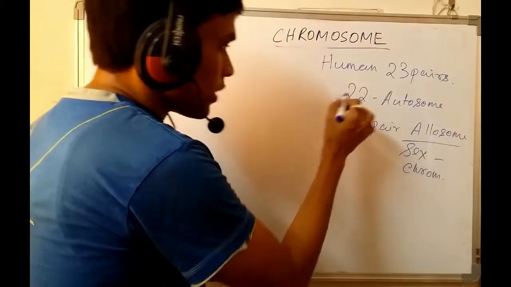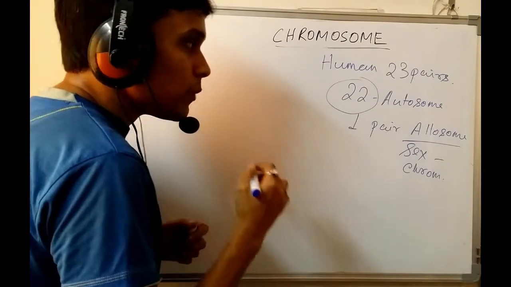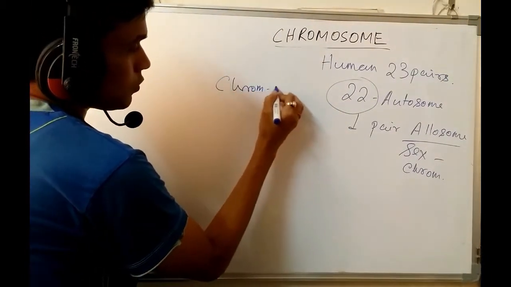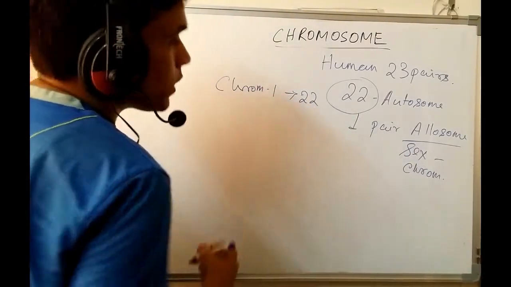If I consider only the 22 pairs of autosomes, their nomenclature runs from chromosome 1 to chromosome 22.